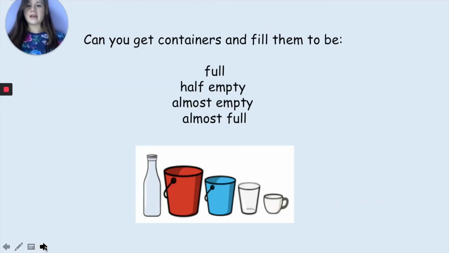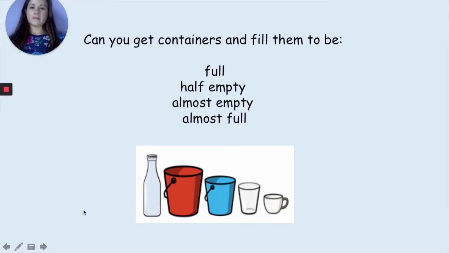Now it's your turn. Can you get some different containers and fill them to be full, half empty, almost empty and almost full? Remember, almost empty and almost full means the same as nearly empty and nearly full. So some examples that you could have are your water bottle, different sized buckets, a glass or a mug.